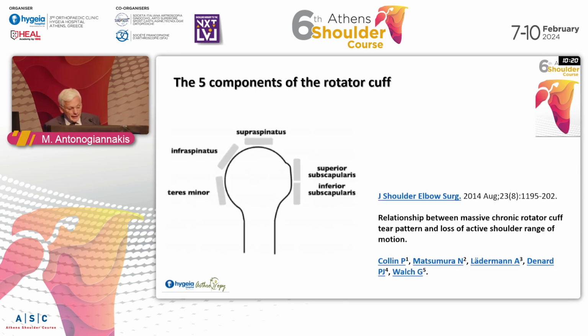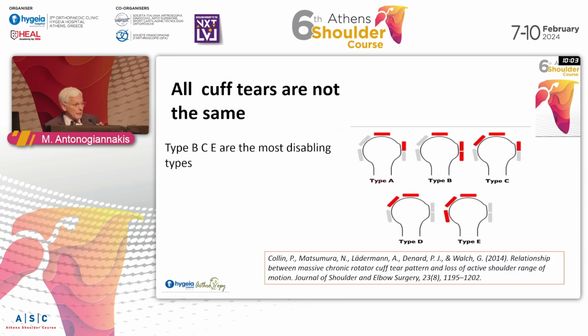And then there was this very nice paper for all these charismatic surgeons defining and separating the rotator cuff tears into five components. It's not only the size of the tear, it's not only the type of the tear, but it is also where the tear is that is important for the function.